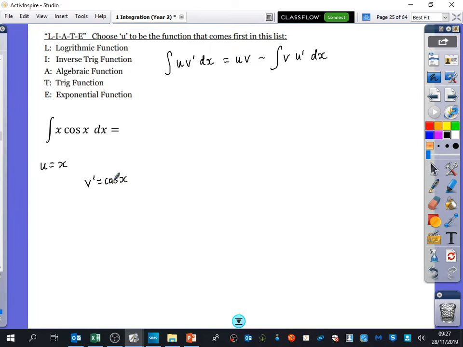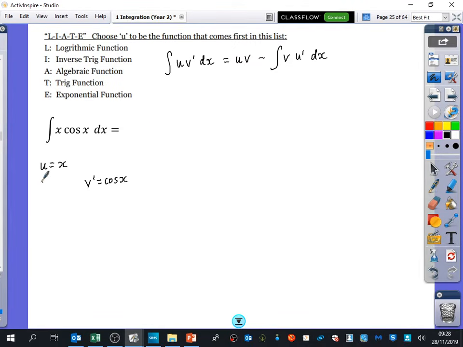They always will be u, v dash, and I deliberately write them in this way, because do you remember when we did the product rule, we did u, u dash, v, v dash. So we're going to do them in that same way of filling in the gaps. You differentiate to go down, and you integrate to go up.